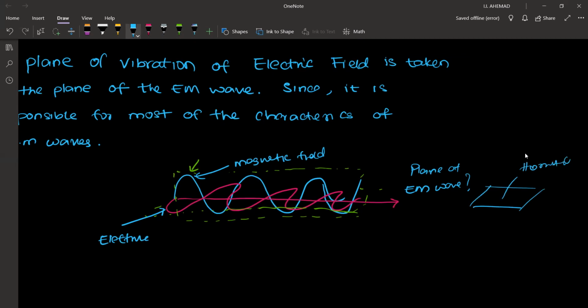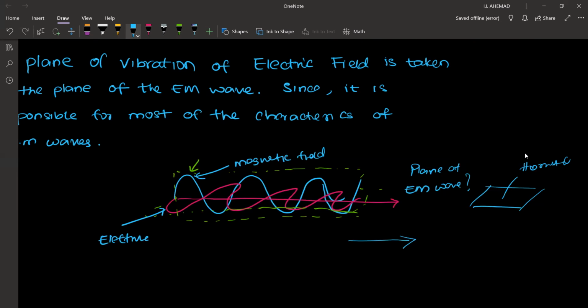Just like direction. If I ask you what is the direction of the wave, you will tell it is moving towards your right hand. And if I ask you in which plane is the electromagnetic wave vibrating, then you would say it is vibrating in the horizontal plane, because in that plane only we have the electric field.